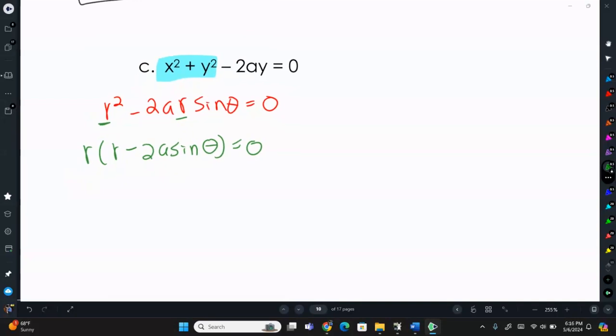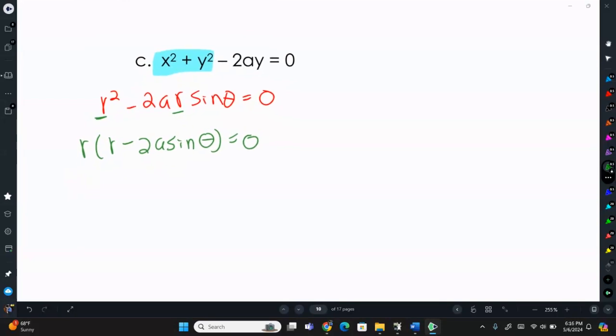Now, normally we would never want to divide by a variable, but in these problems, sometimes we don't have a choice. So we're actually going to divide both sides by r because that will get rid of an r. Now, when we do that, though, we have to emphasize that r cannot be 0 because we would be dividing by that. So we're going to say r cannot equal 0.